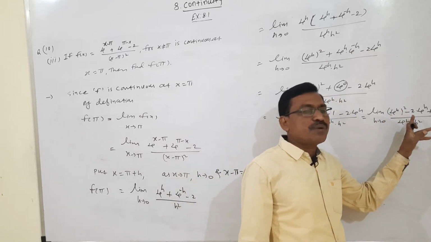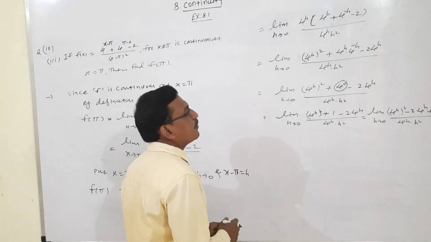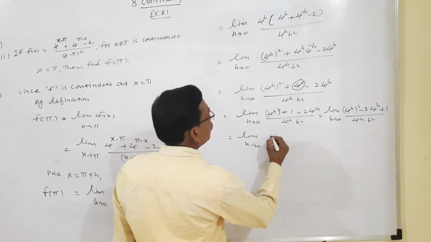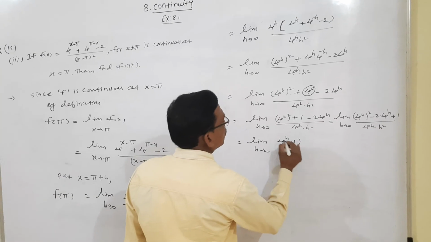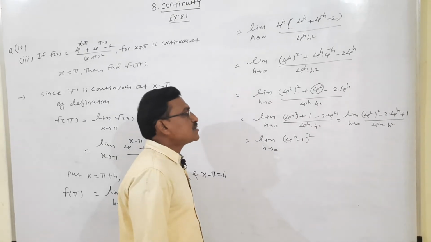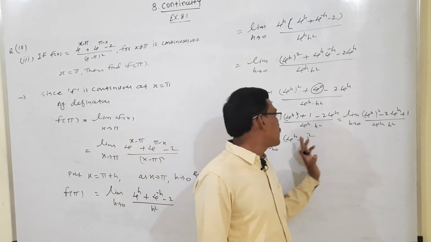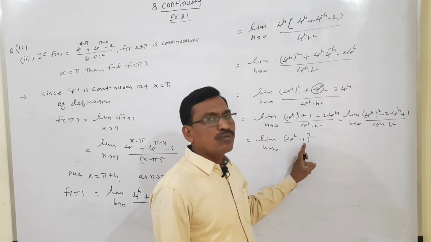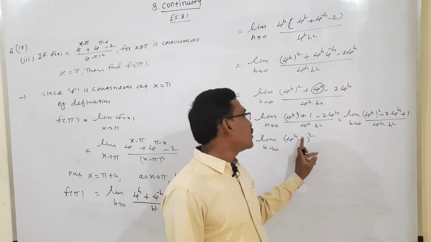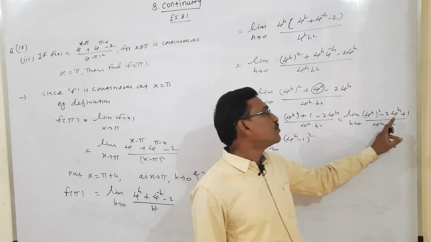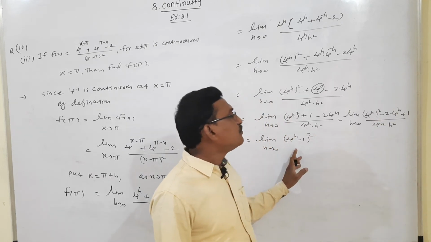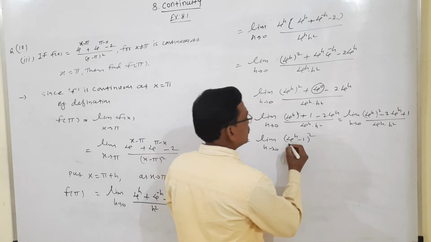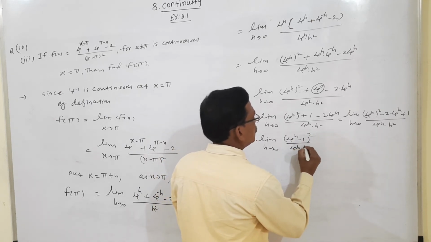This is the expansion of a minus b whole square, the expansion of 4 raised to h minus 1 whole square. Because a square minus 2 into a into b, that is 2 into 4 raised to h into 1, plus b square, 1 square is 1, divided by 4 raised to h into h square.